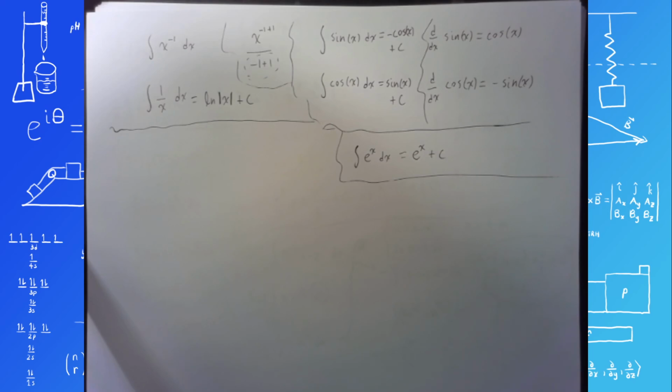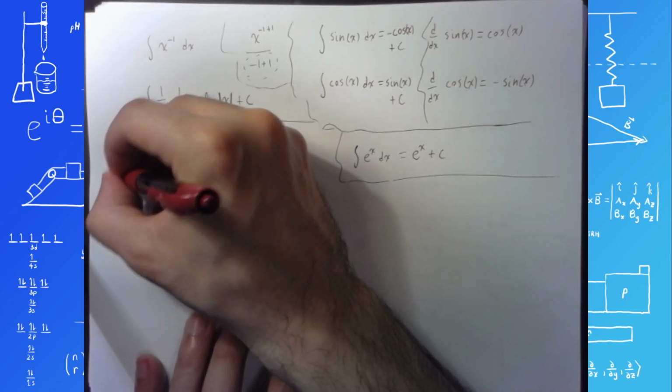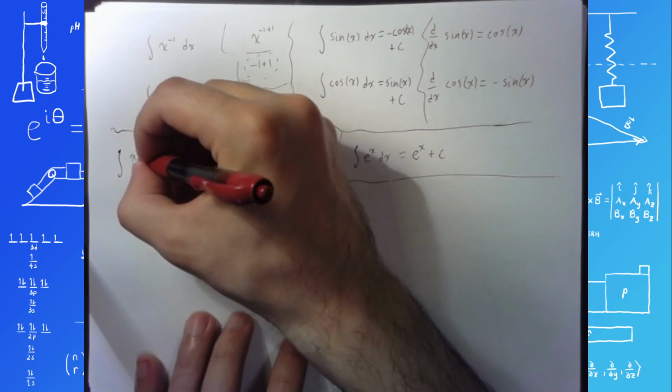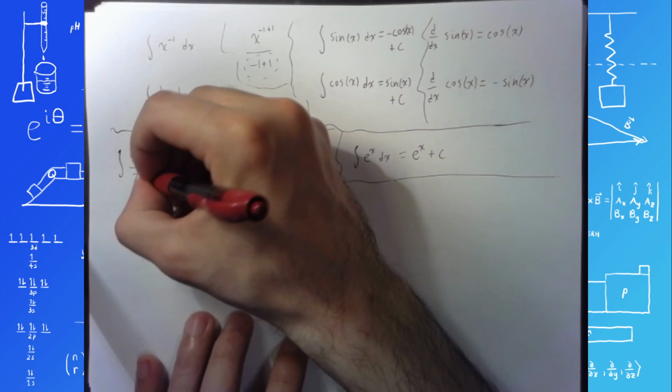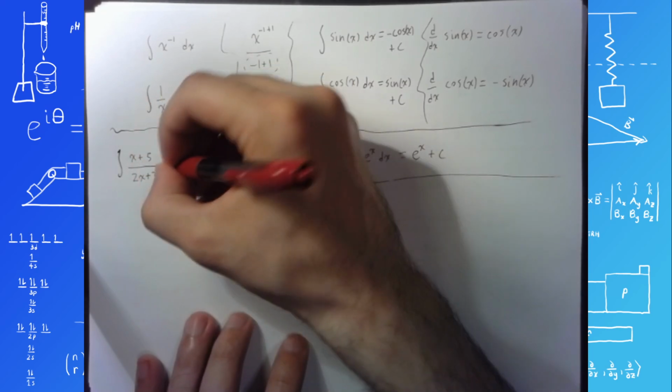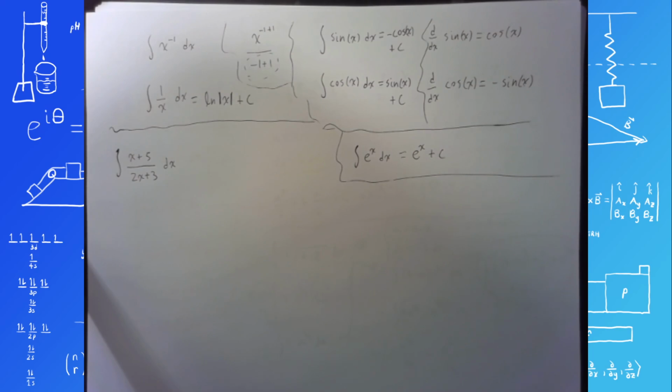So it says, integrate x plus 5 over 2x plus 3. Take the integral of x plus 5 over 2x plus 3. And I'm pretty sure this is going to involve some sort of logarithm. Actually, maybe not.